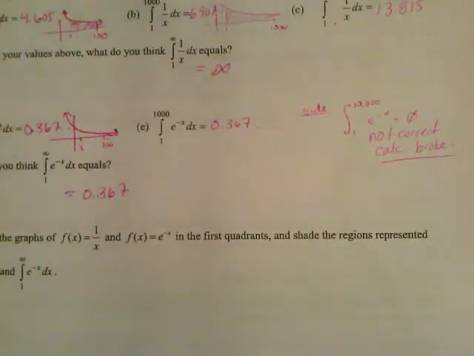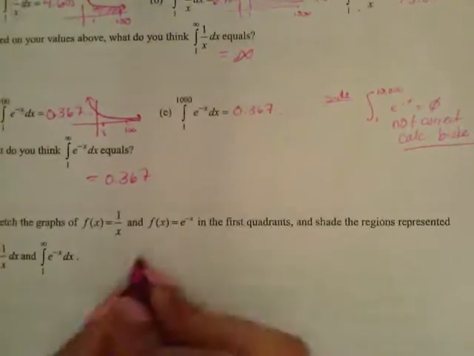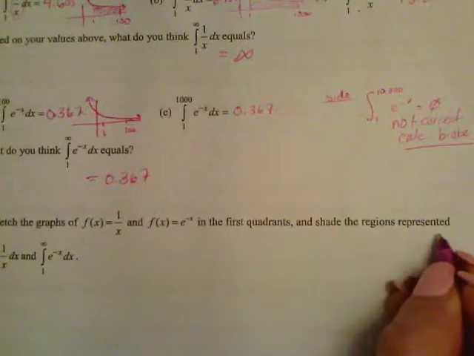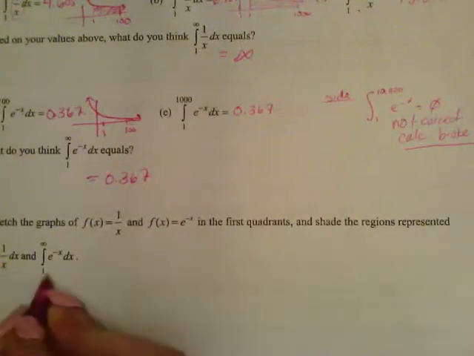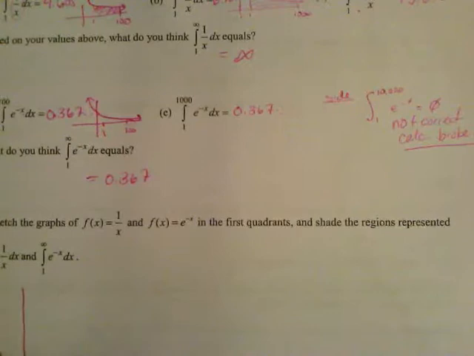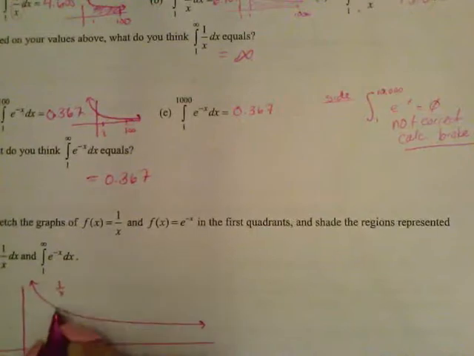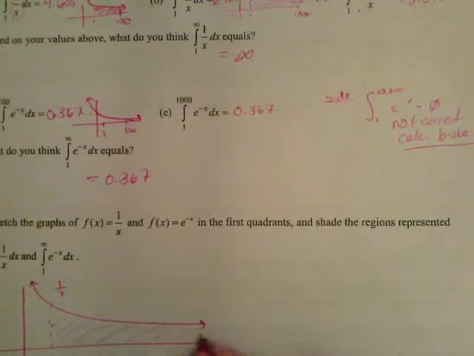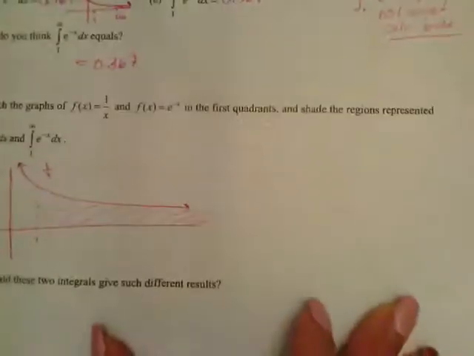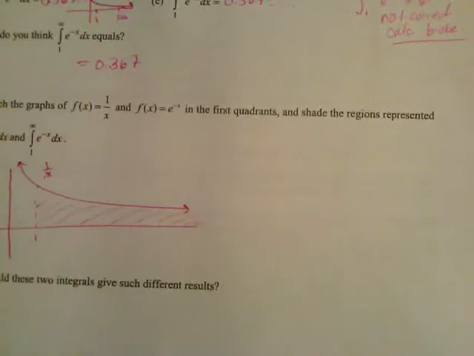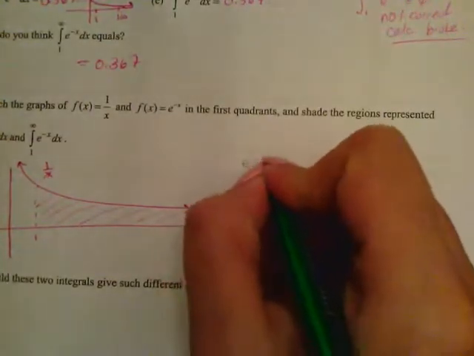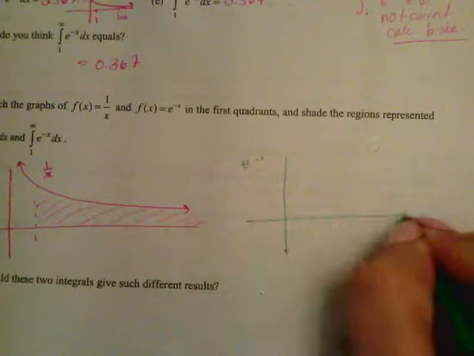So if we had to sketch the graph of both functions in the first quadrant, we're going to shade the regions that are represented by both of these. So our first function of 1 over x looks a little like this. And from 1 to infinity, we're focused on this area over here. And then our second function, e to the negative x, it's a little different.